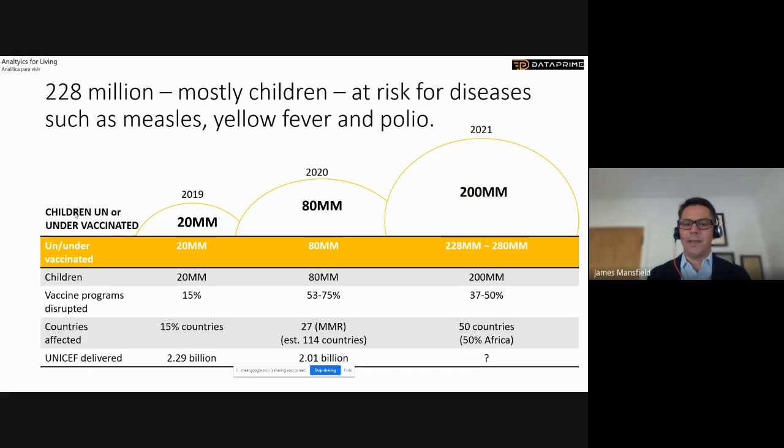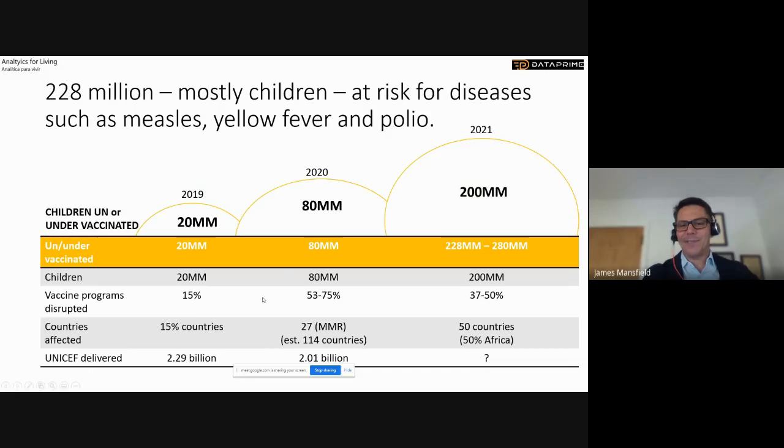In terms of significance, you say, wow, what programs are disrupted? Well, in 2019, roughly 15% of vaccine programs maybe did not occur, or were canceled, for a variety of different reasons. That's where machine learning and AI could help as well.